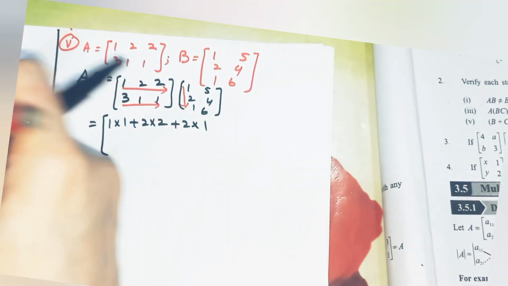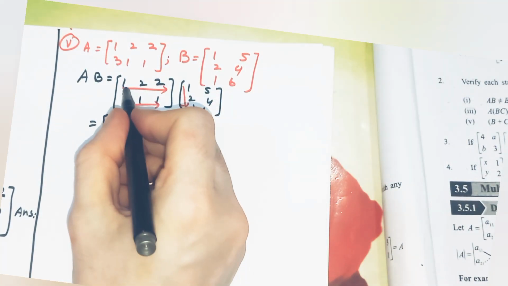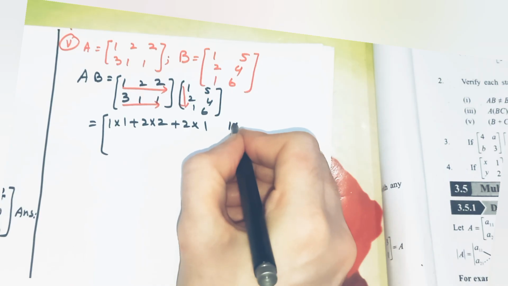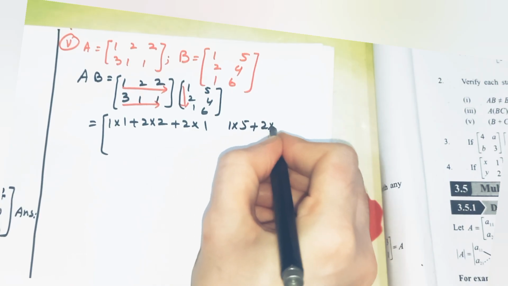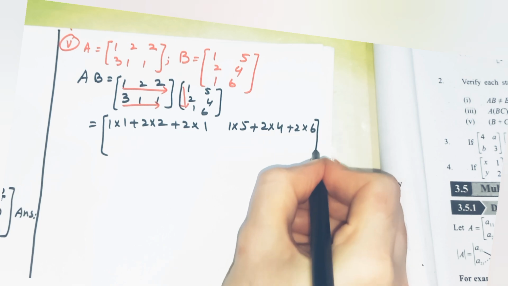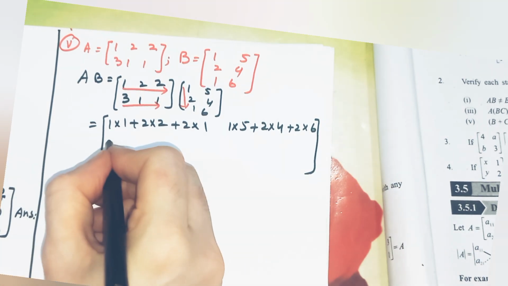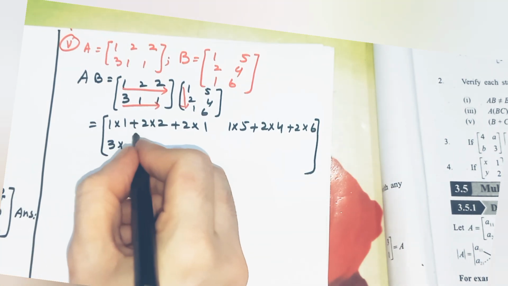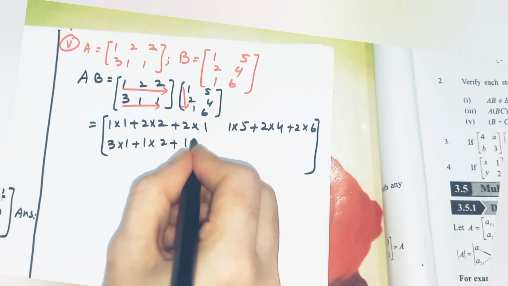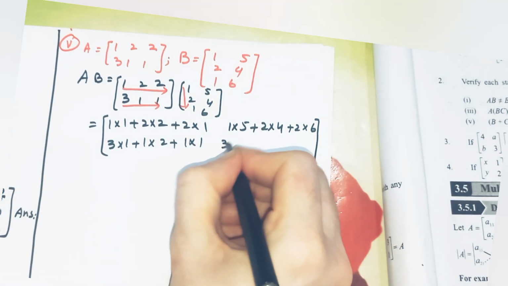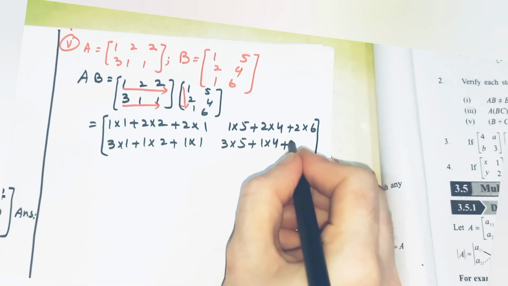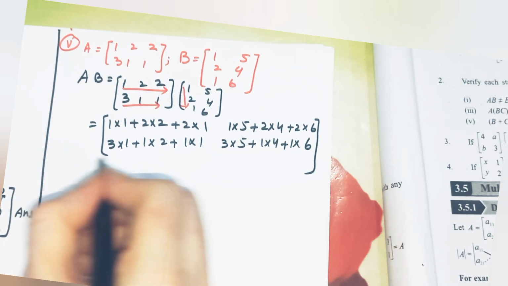Now first row into first column, first row into second column. 1 multiply by 4, 2 multiply by 4 and 2 multiply by 6. 3 multiply by 1, 1 multiply by 2, 1 multiply by 1. 3 multiply by 5, 1 multiply by 4, 1 multiply by 6.